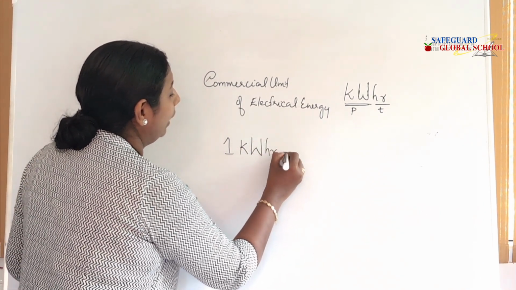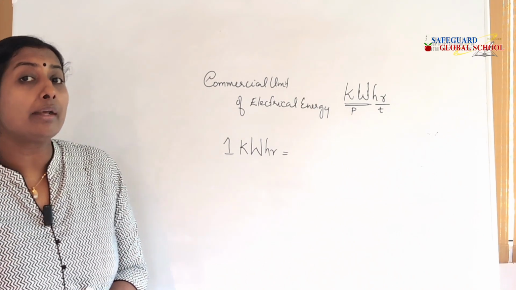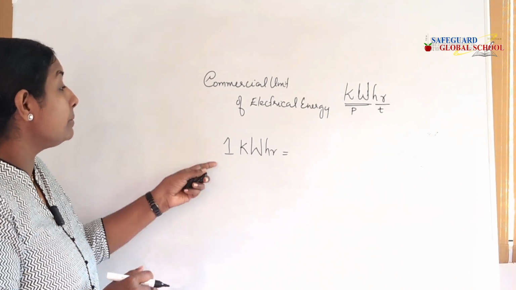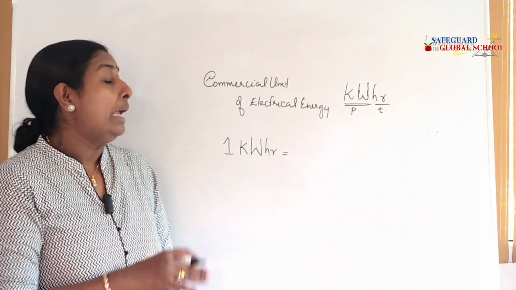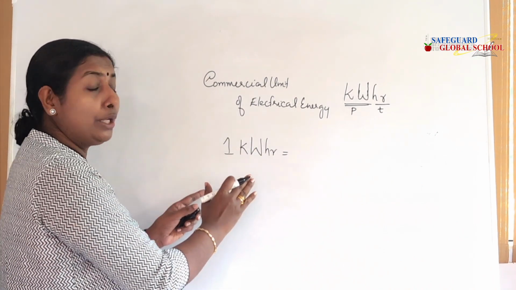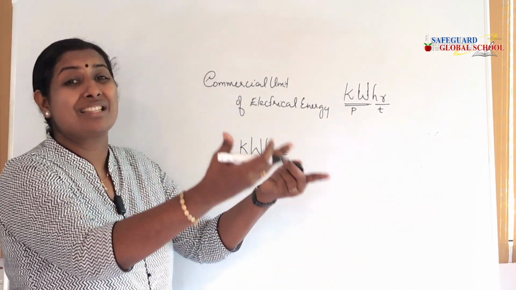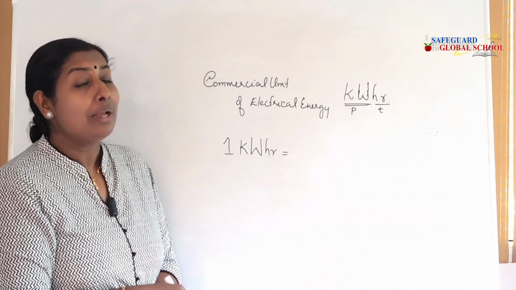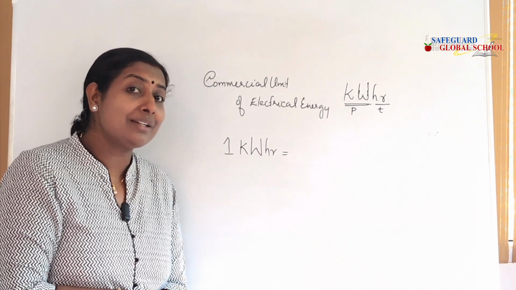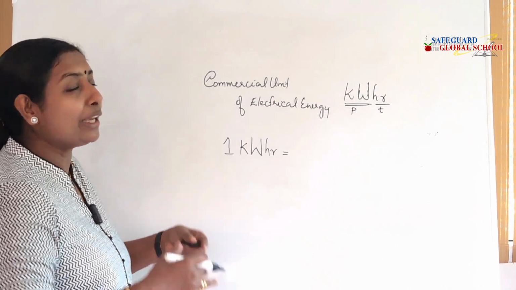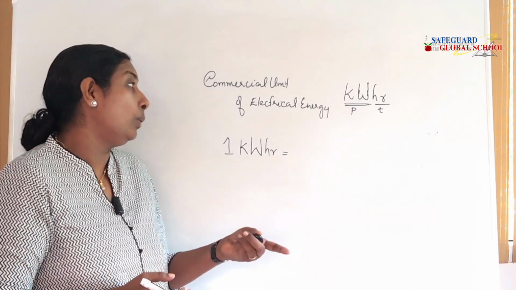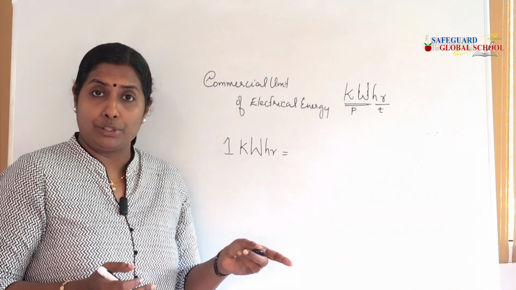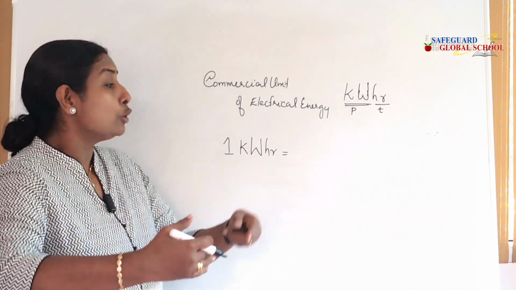Sometimes a question may be asked to you. Convert the commercial unit of electrical energy to the SI unit. What is the commercial unit of electrical energy? Kilowatt hour. What is the SI unit of electrical energy? It is joule. So a question can be asked to you. Convert the commercial unit of electrical energy, that is 1 kilowatt hour, to joule.